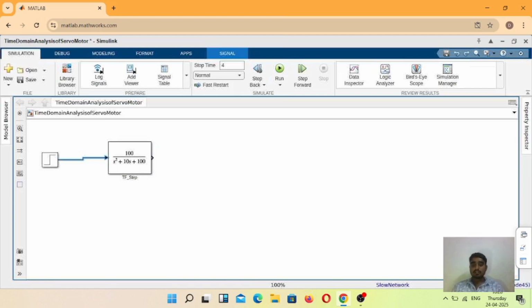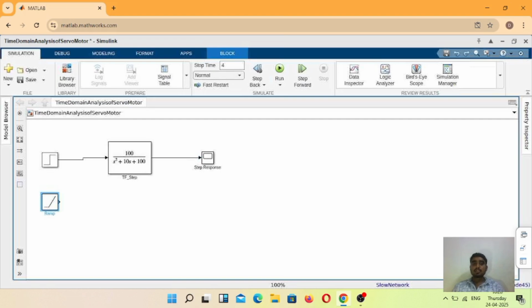Then we add the scope for graphical representation of the servo motor response to the step input, and connect it.